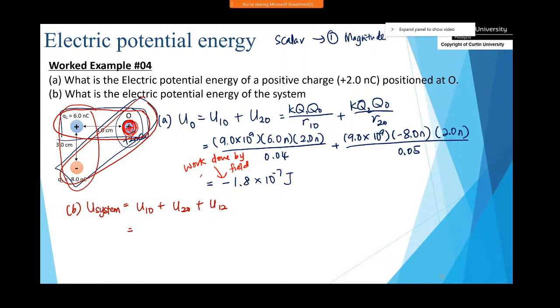So this 2 you have already found, which is 1.8 times 10 to the power of negative 7.